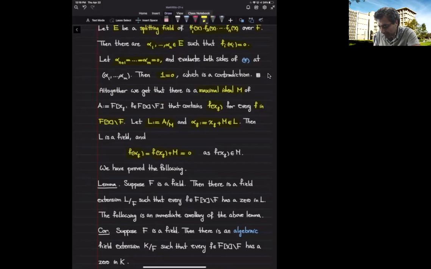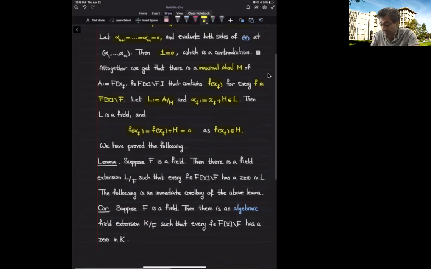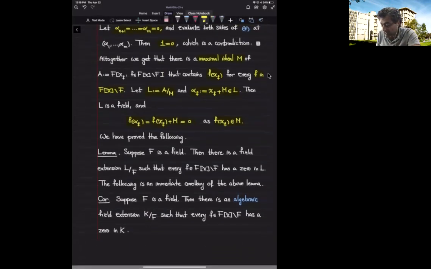And that means that we end up finding a field extension L so that every non-constant polynomial has a zero inside L.